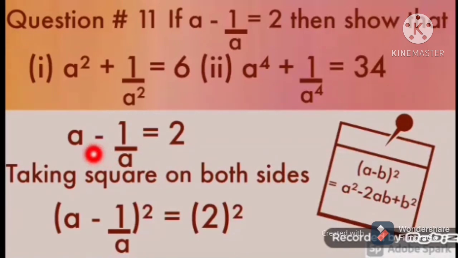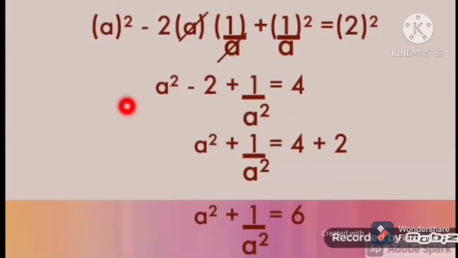As there is a negative sign, to open this square we will use the identity a minus b whole square is equal to a square minus 2ab plus b square. After opening the square, we get a square minus 2 multiplied by a multiplied by 1 by a.